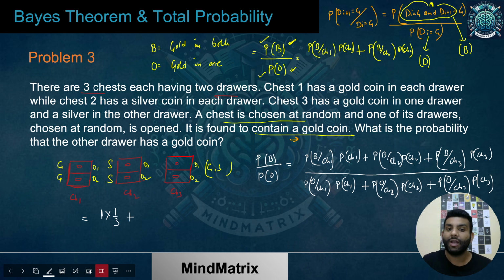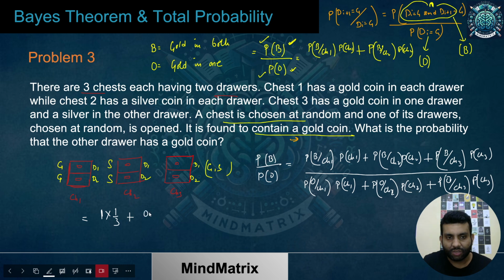We have already discussed it. What is the probability of getting a gold coin in both? If just chest 2 was chosen, the probability is 0, because we know in chest 2 there are silver coins in both, no gold coins.